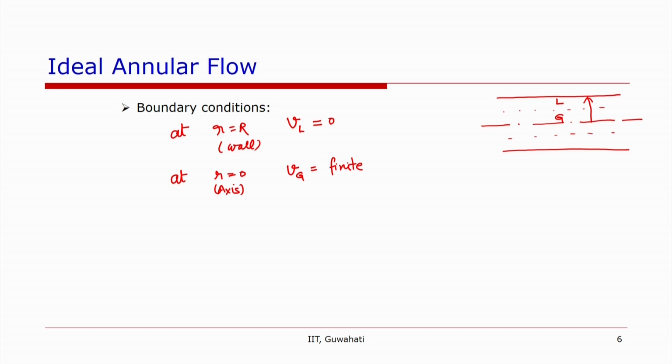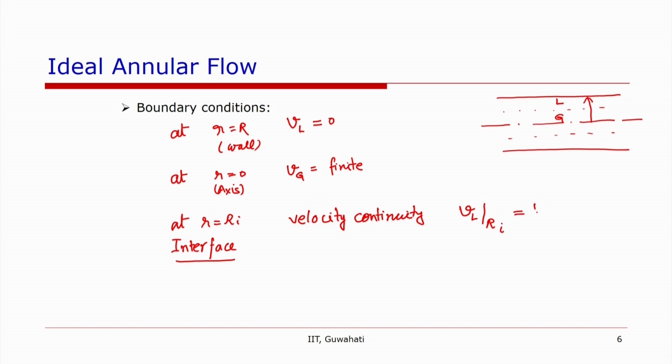So we will use this condition. Then we will also have, at R is equal to Ri, which is at the interface, two boundary conditions. The velocity continuity: V liquid at Ri is equal to V gas at Ri.